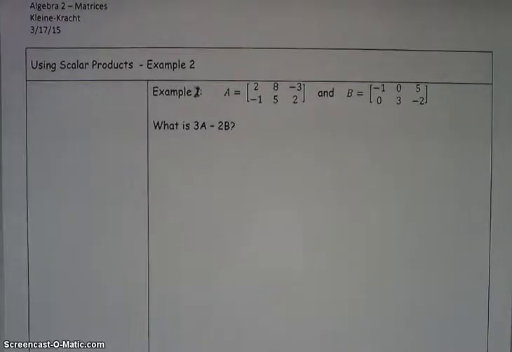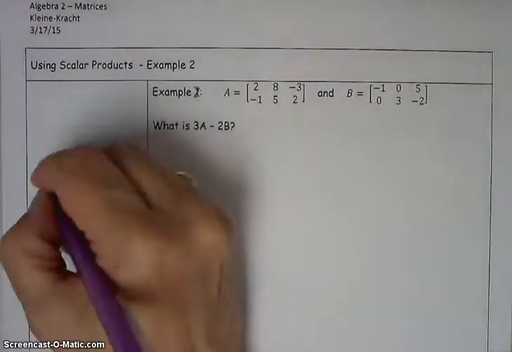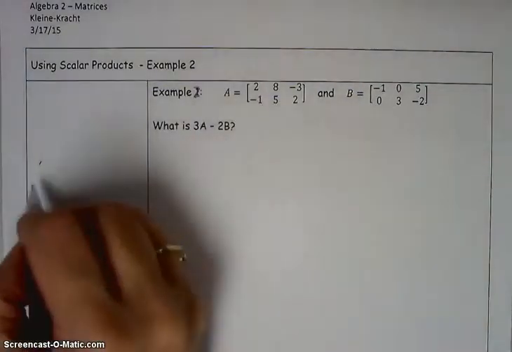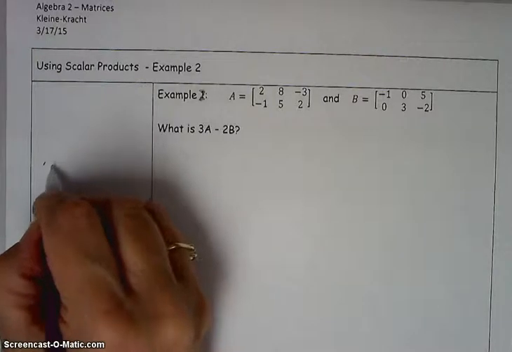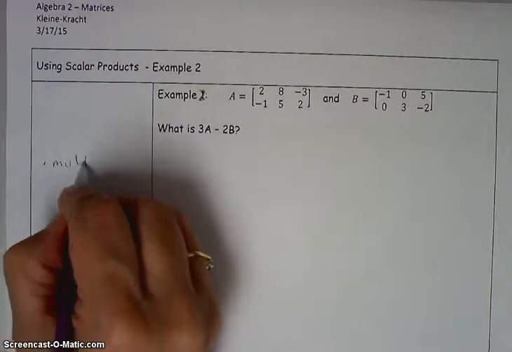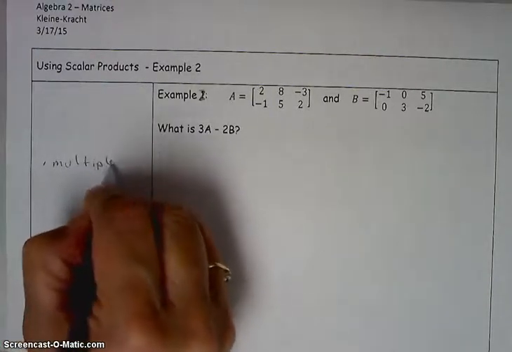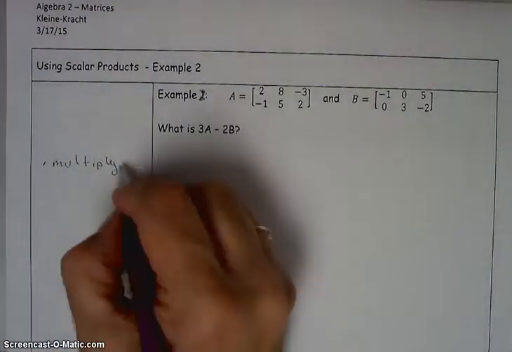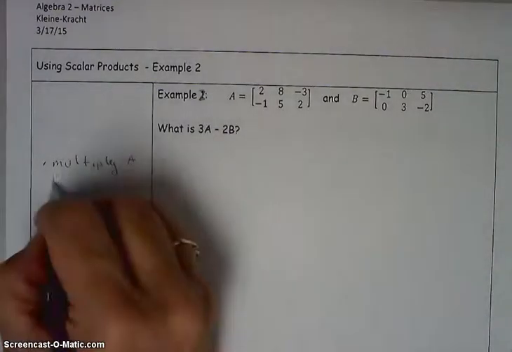So this time they're going to ask us to do what is 3A minus 2B. So remember from our notes from last time, the first thing you're going to do is you are going to multiply A by 3.